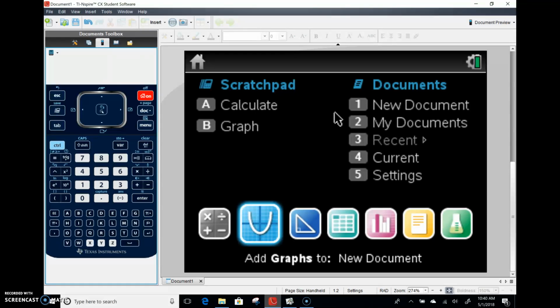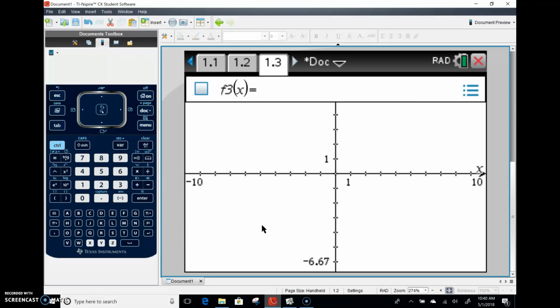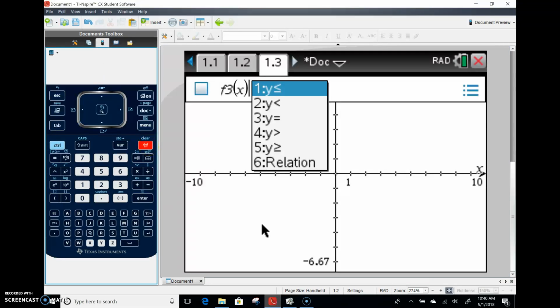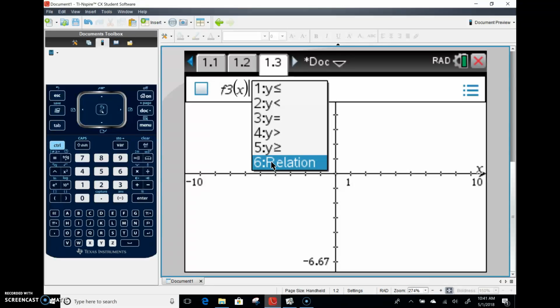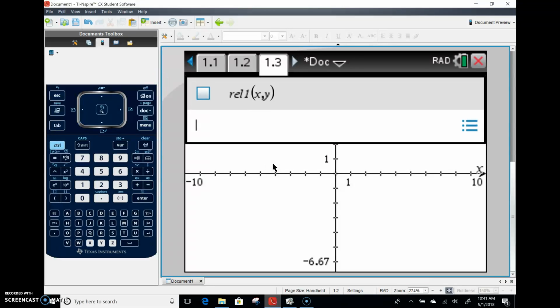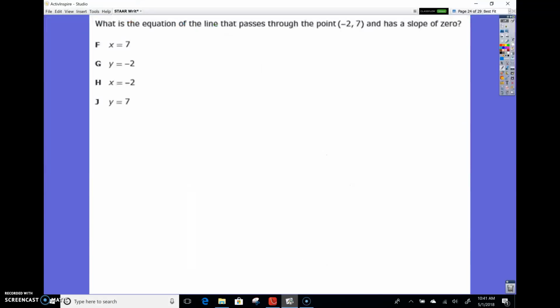If you don't know what to do, you can use your calculator. So I can go delete relations, x equals, what's my first one? 7.